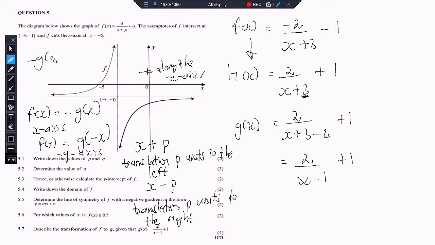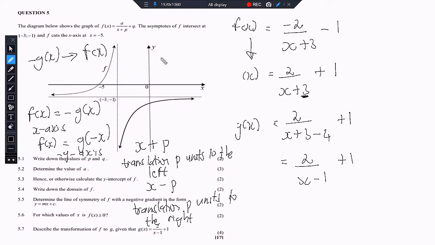It can also be in the form whereby we have negative g of x going back to positive f of x. That represents a reflection along the x-axis. It was negative here, now it's positive. But if the x was positive and now the x is negative, that is a reflection along the y-axis. So note that. How are we going to describe this transformation?